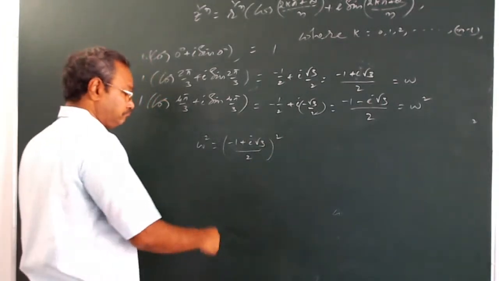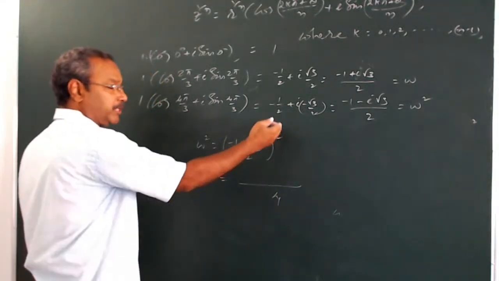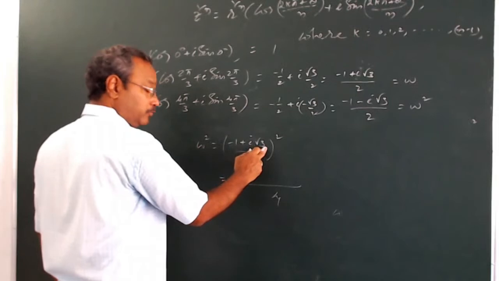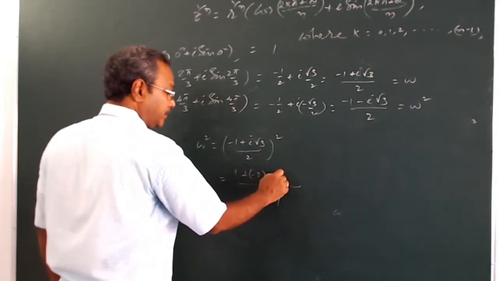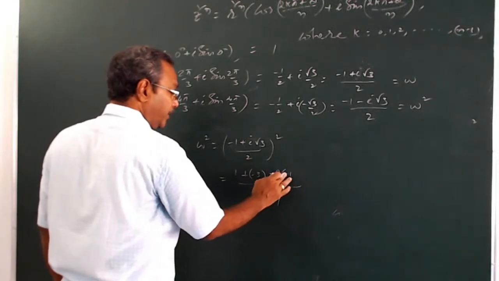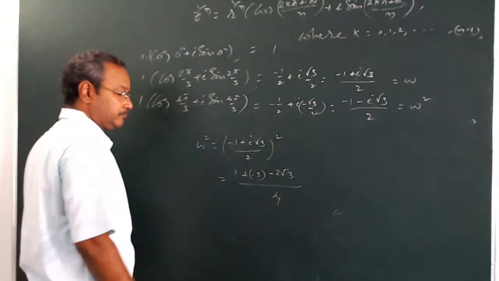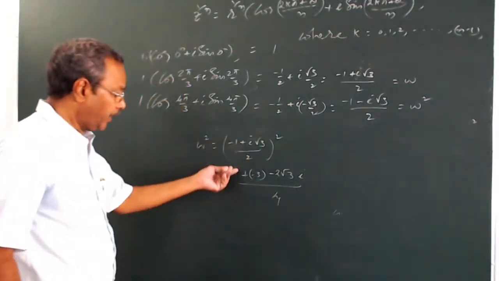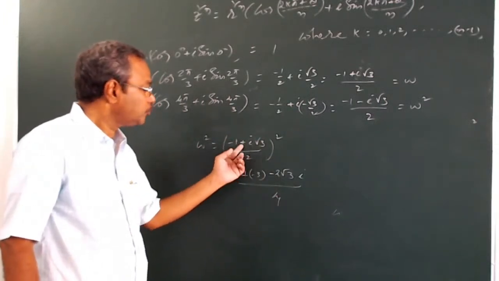That is (minus 1 plus i root 3) whole square over 4. This is a square, which is 1, plus i square into 3, that is minus 3, minus 2ab, which is 2 into 1 into root 3 i.